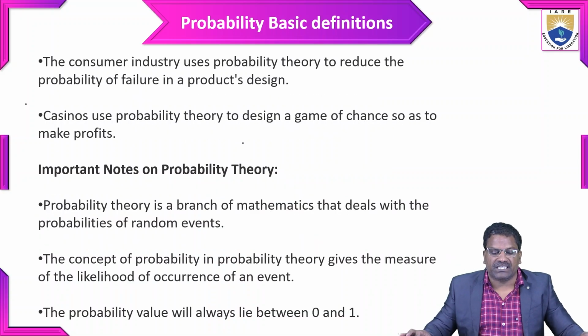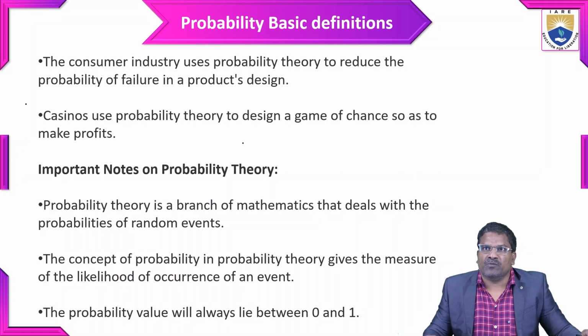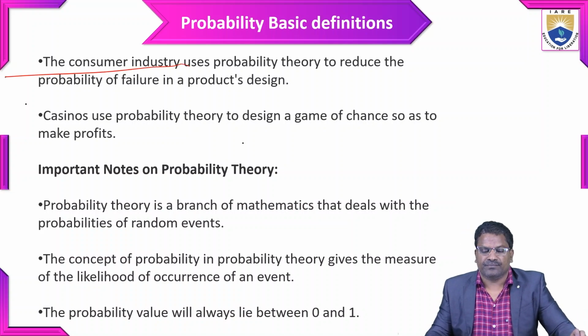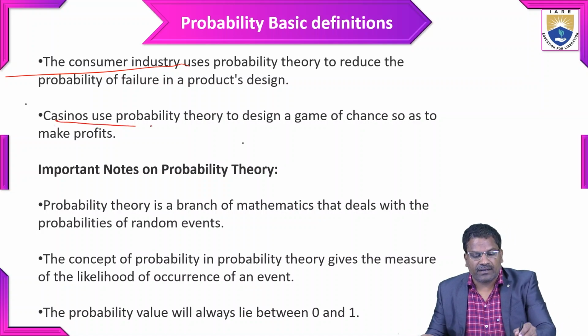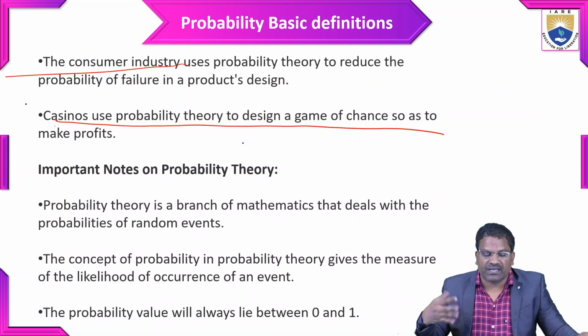The consumer industry uses probability theory to reduce the probability of failure in a product's design. Casinos use probability theory to design a game of chance so as to make profits.